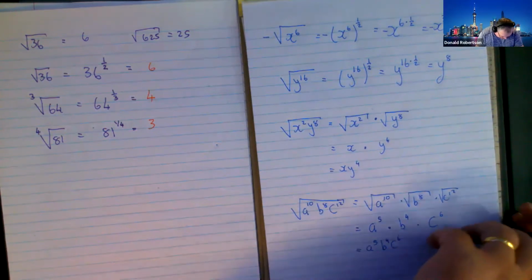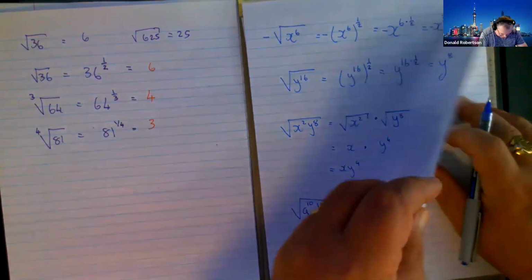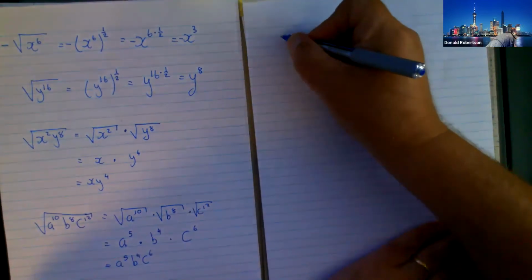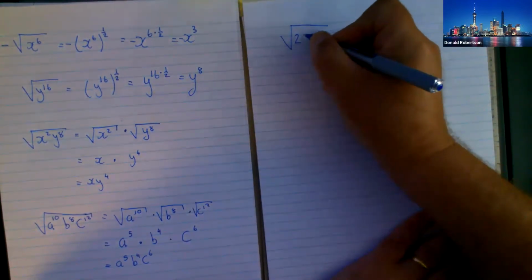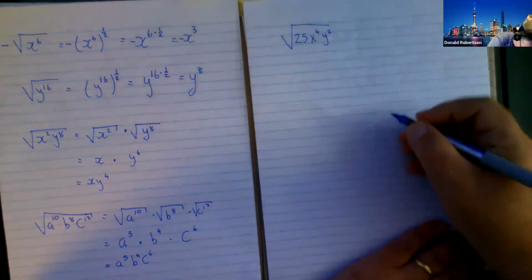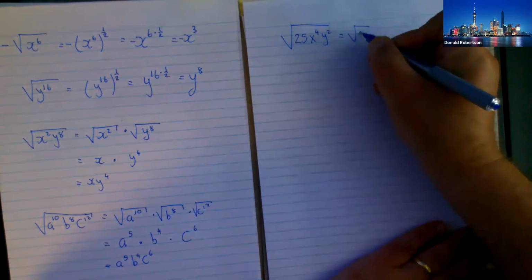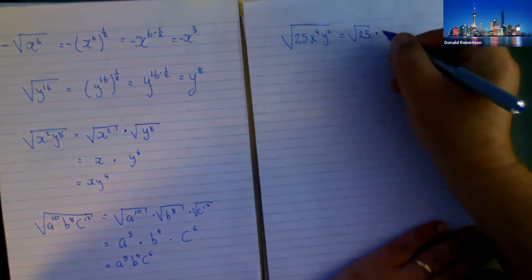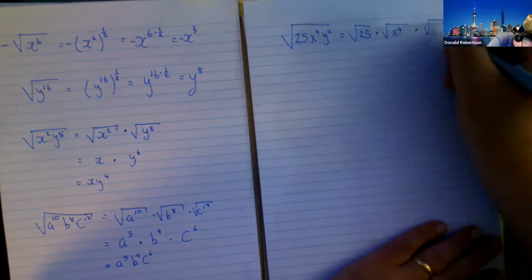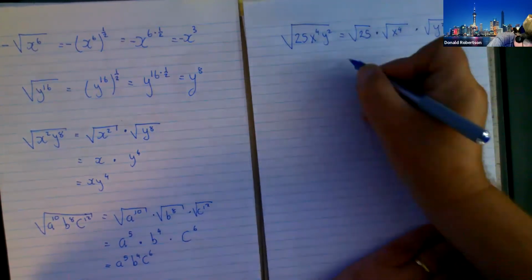Now, what happens if you mix and match? So I'm going to put a radical with numbers and powers in it. Suppose I wanted to simplify the square root of 25 x to the 4 y squared. Then you separate it as the square root of 25 times the square root of x to the 4 times the square root of y squared.